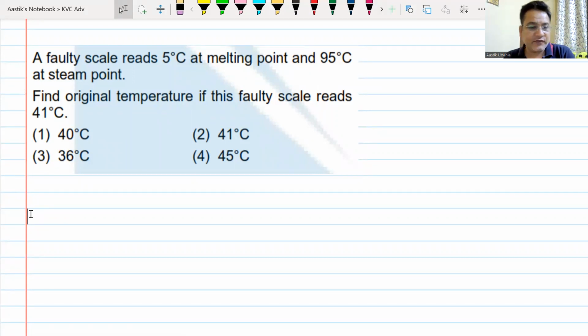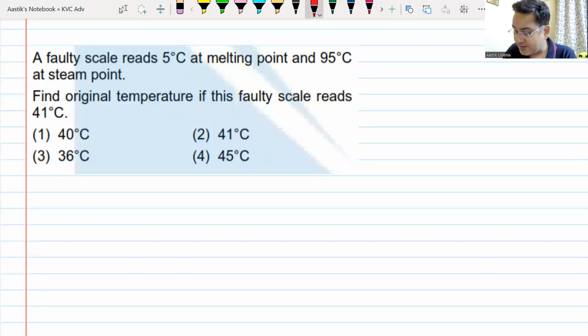A faulty scale reads 5 degrees Celsius at melting point and 95 degrees Celsius at steam point. Find the original temperature if this faulty scale reads 41 degrees Celsius. Forty degrees Celsius.